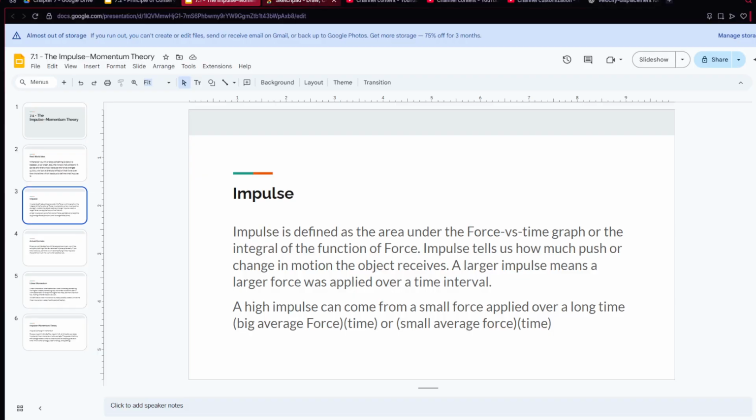Simply put, the formula is that impulse, which is force times time, is defined as J. It's defined as F delta t.